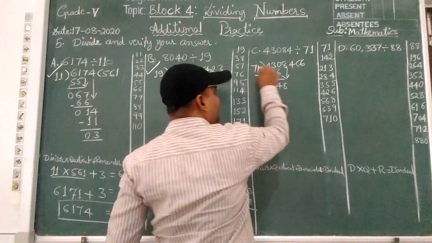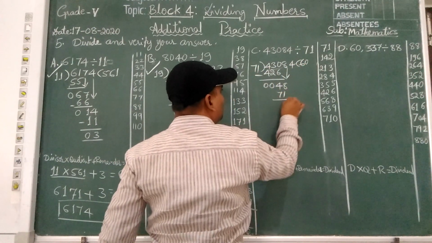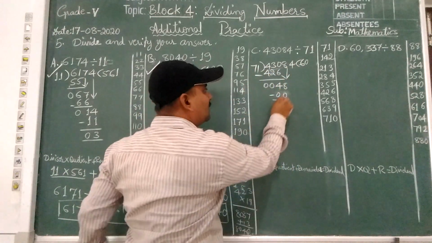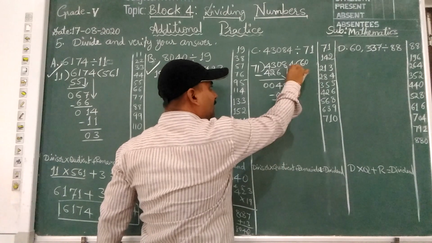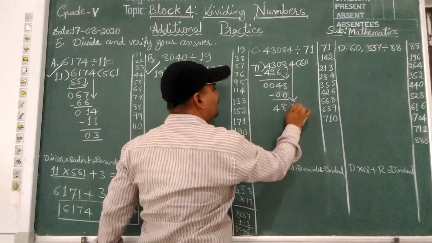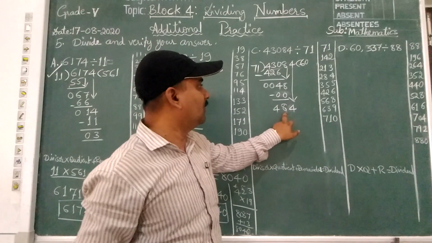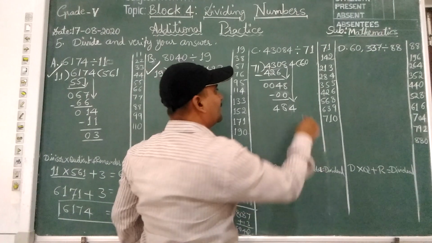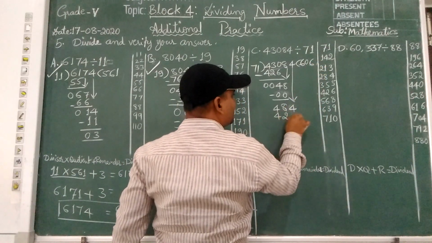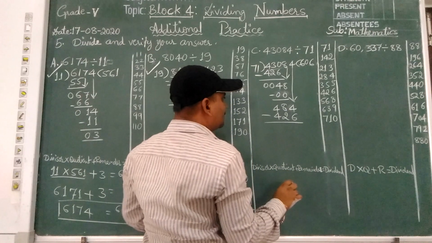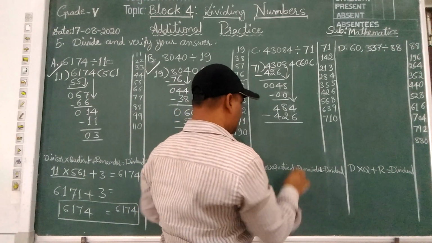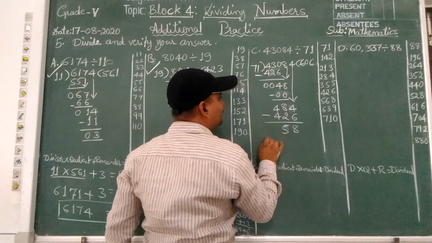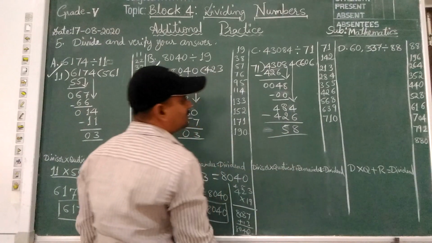What should you do, children? 71 zeros are 0. So 8 and 4. Now take the next number. Now it is 484. Less than this, I can take again 6. That is 426. Subtract. So 14 minus 6 is 8, 7 minus 2 is 5. Okay, this is the remainder I got.